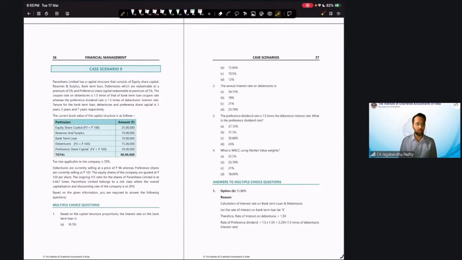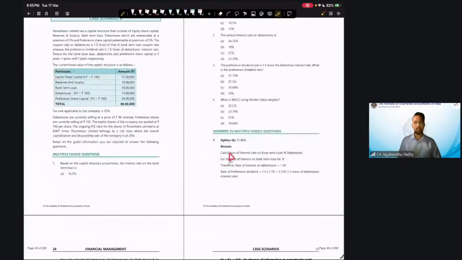Are we good, everyone? The only part is to get it started with X. To assume the rate of interest on term loan as X, then you get the rate of interest on debentures, then the rate of preference dividend, and all other calculations follow.